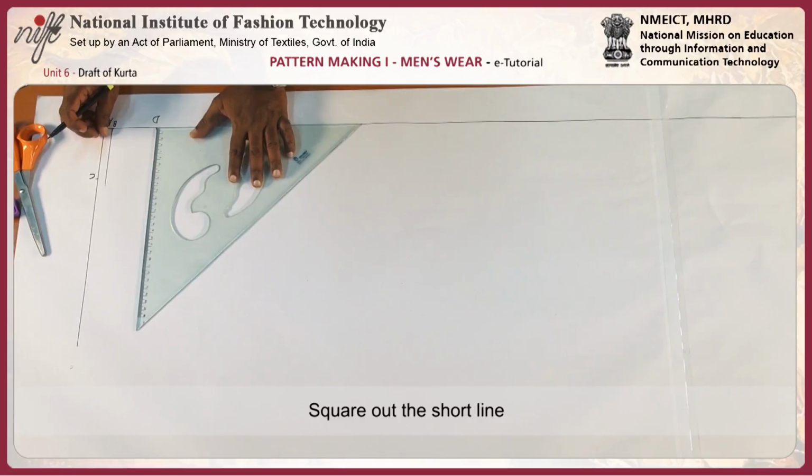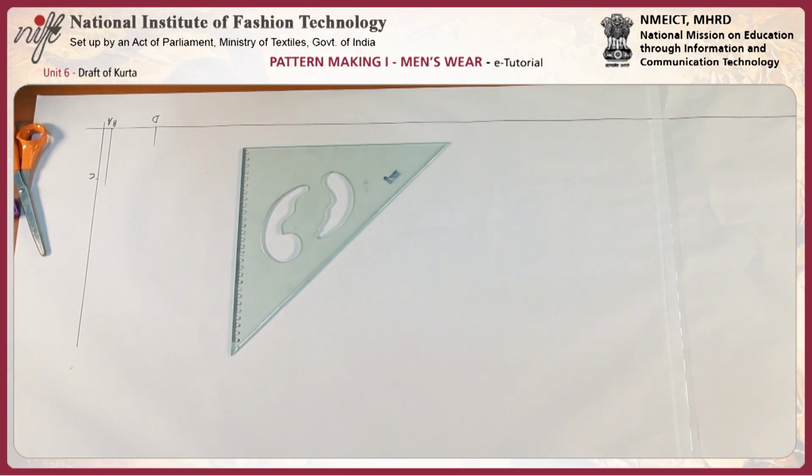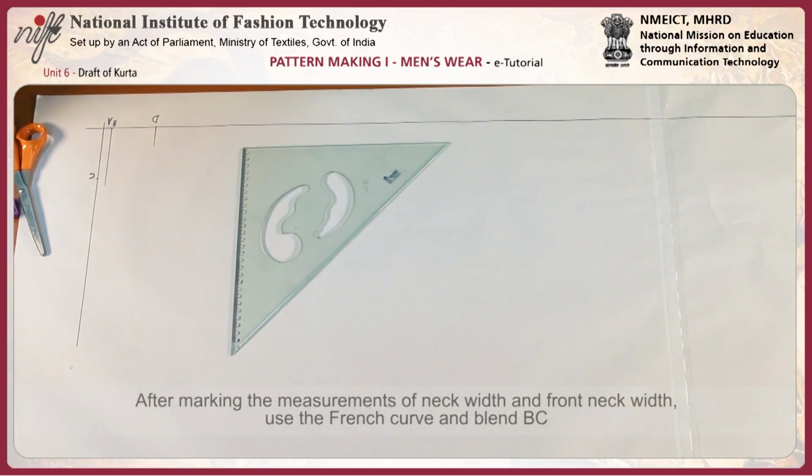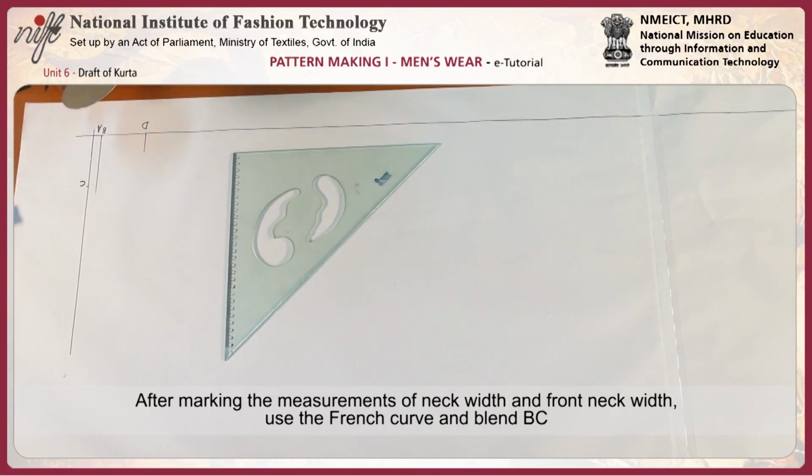Square for the short line. After marking the measurements of neck width and front neck drop, with the help of French curve, blend line B to C.